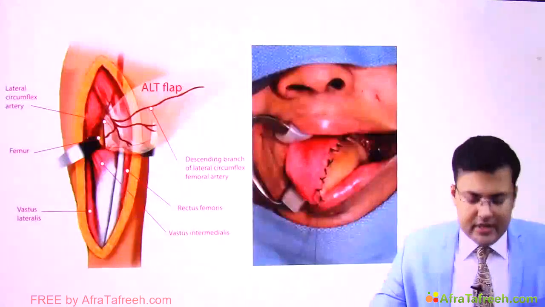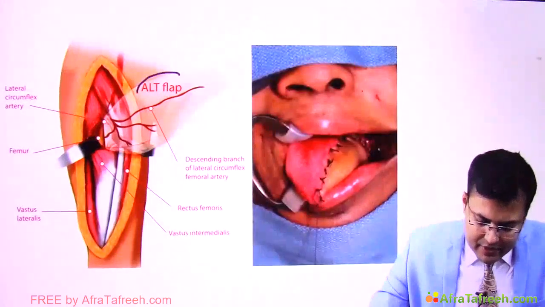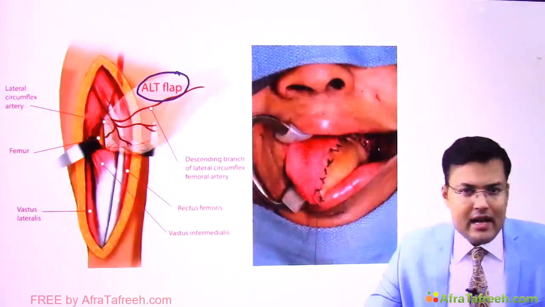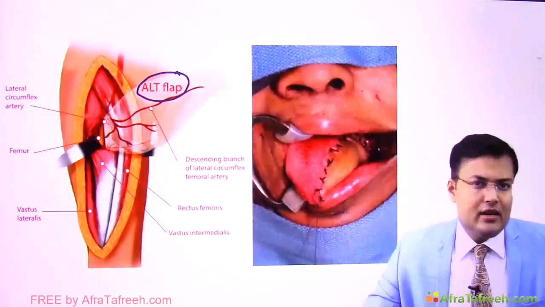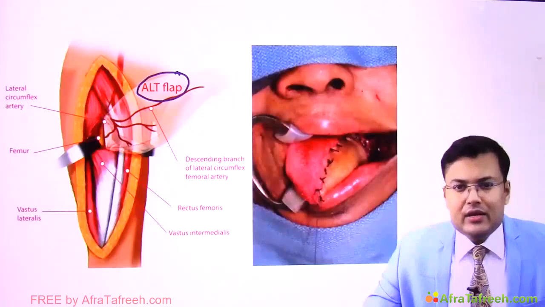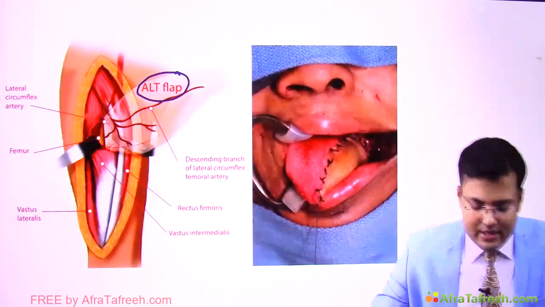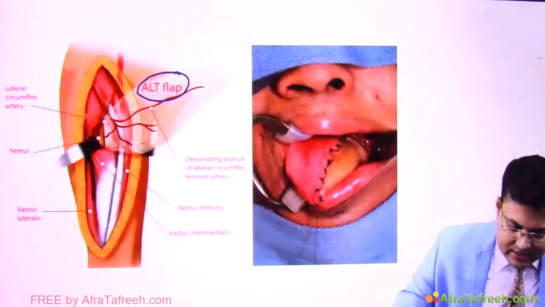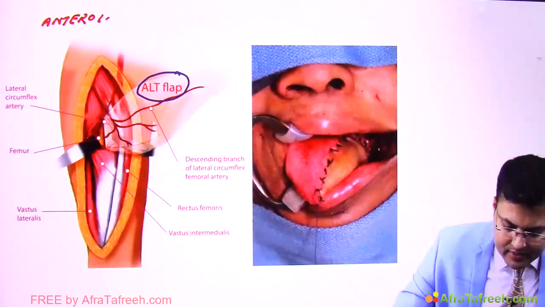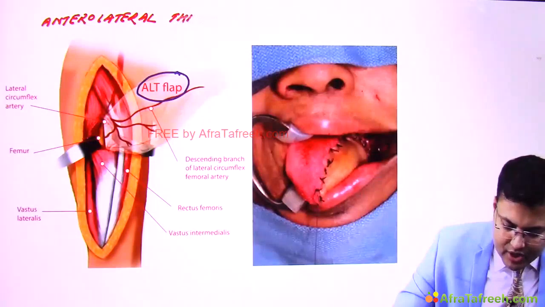Now see this image here. I am taking the flap from the lateral aspect of the thigh, the anterolateral aspect of the thigh. What is the name of this flap? It is the anterolateral thigh flap, in short known as ALT flap.